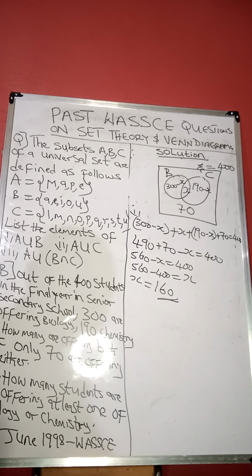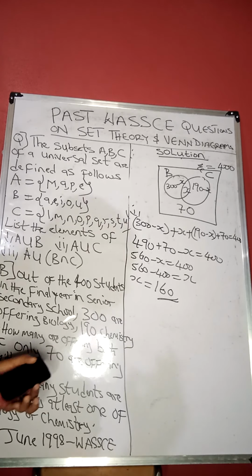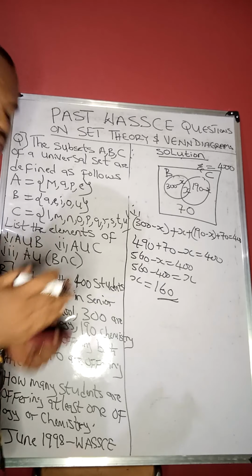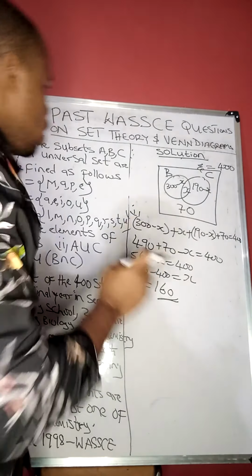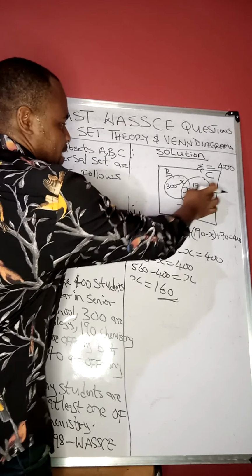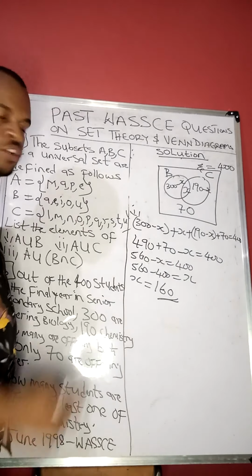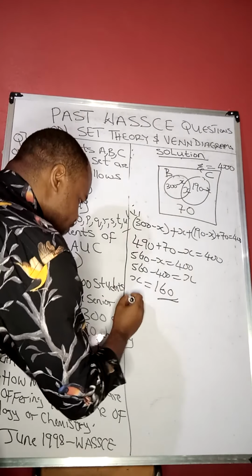The next question says, how many students are offering at least one of biology or chemistry? At least one means from 1 and above. So all you need to do is to add everything here. They are just telling you about union. So let's get the value for biology.